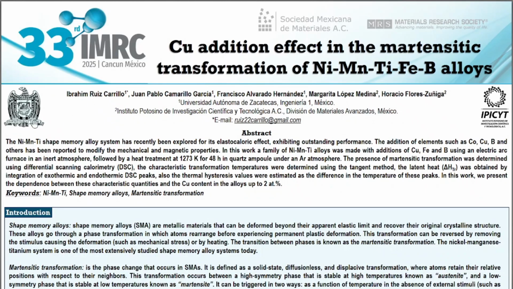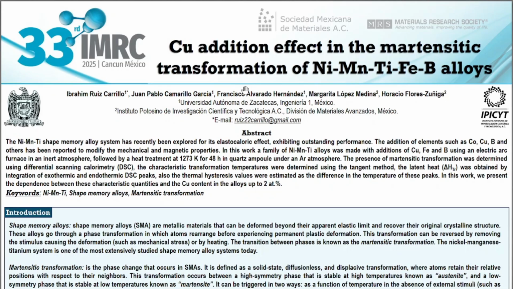I'm from the Universidad Autónoma de Zacatecas and I'm going to present my work called Co-addition effect in the martensitic transformation of nickel, manganese, titanium, iron, boron alloys.